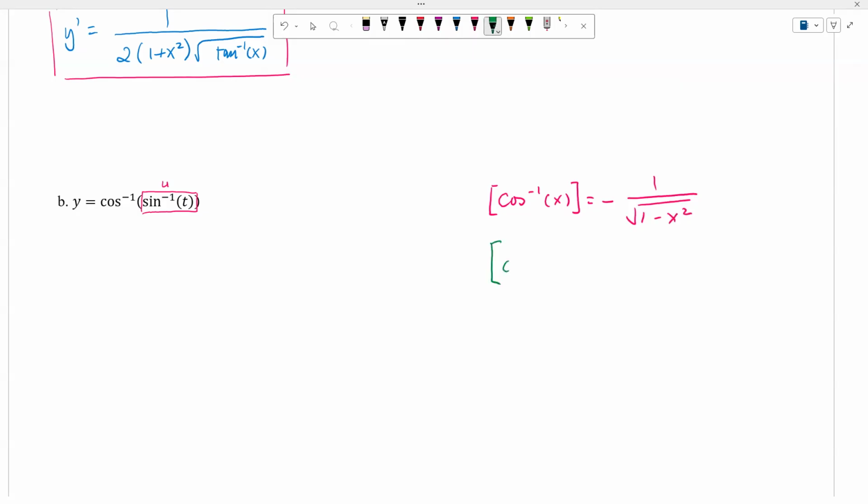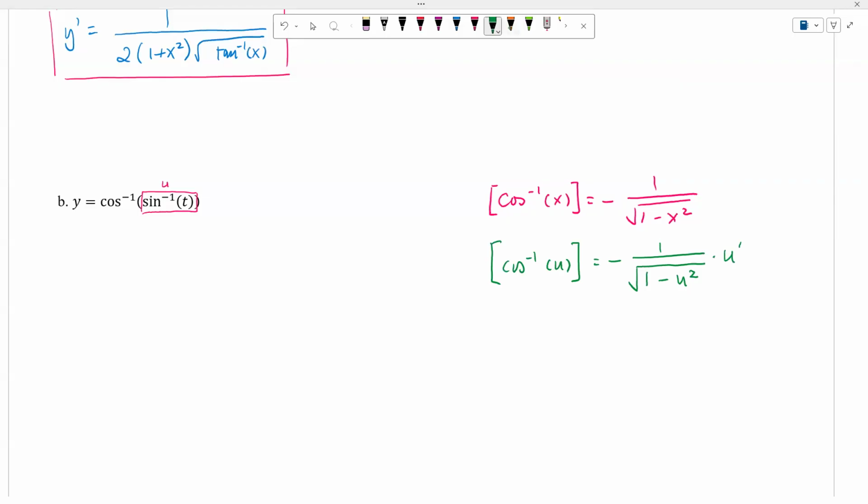Then if I take the derivative of cosine inverse of u, it will be 1 over square root of 1 minus u squared, right? We replace x with u, but since u is dependent on x, I need to take the derivative of u.